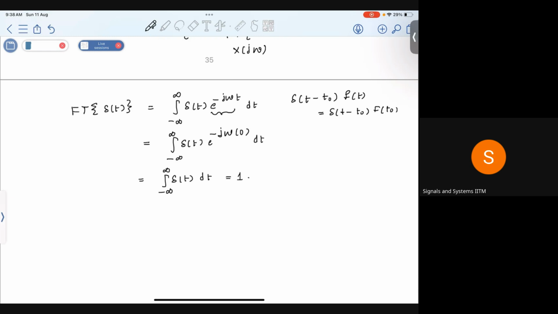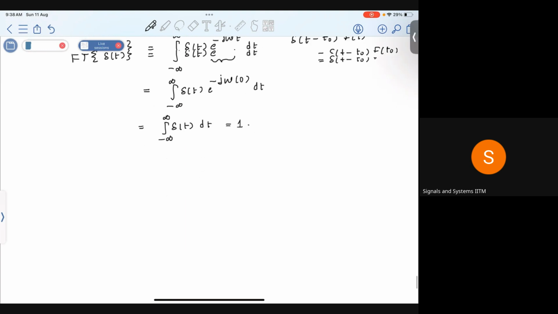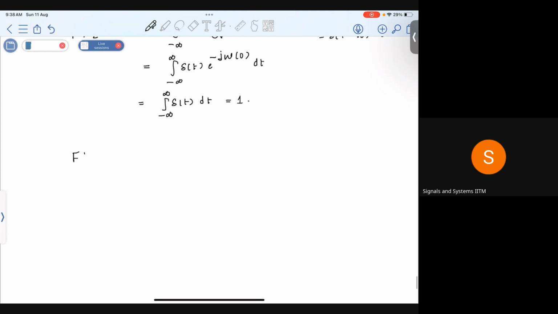This is simple. But the confusion lies while you find the Fourier transform for the unit step function. This is not very straightforward. You have to write the unit step function in terms of the delta signals and then you have to analyze. I hope sir did it in your lecture videos.